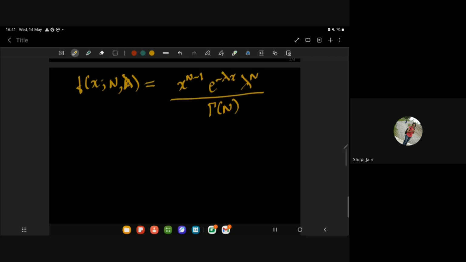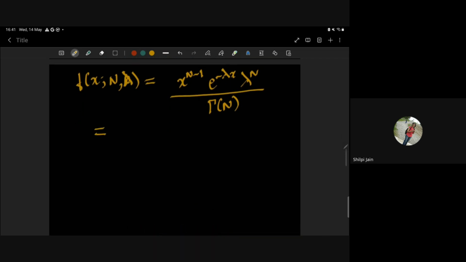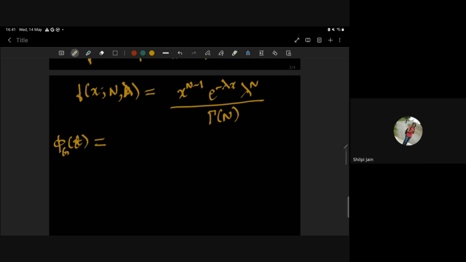Then its characteristic function will be of this gamma function, and I should write x here. And then this whole function comes here.